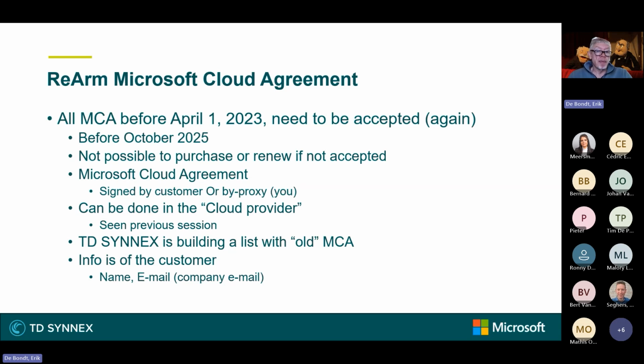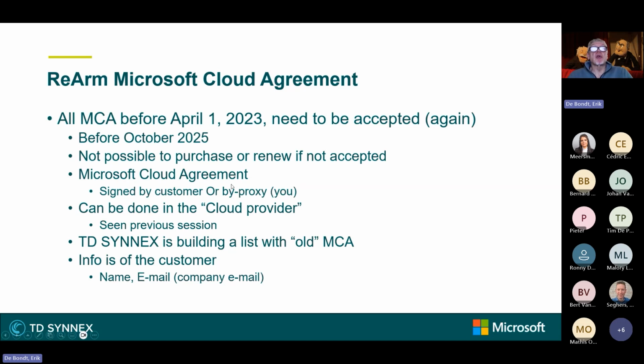Why? In the meantime, Microsoft changed their T's and C's, so the customer needs to be aware of that and needs to accept the rules to work with Microsoft Cloud environment. If it's not done by October, you will not be able to purchase new licenses for that customer. Microsoft will start looking at that.